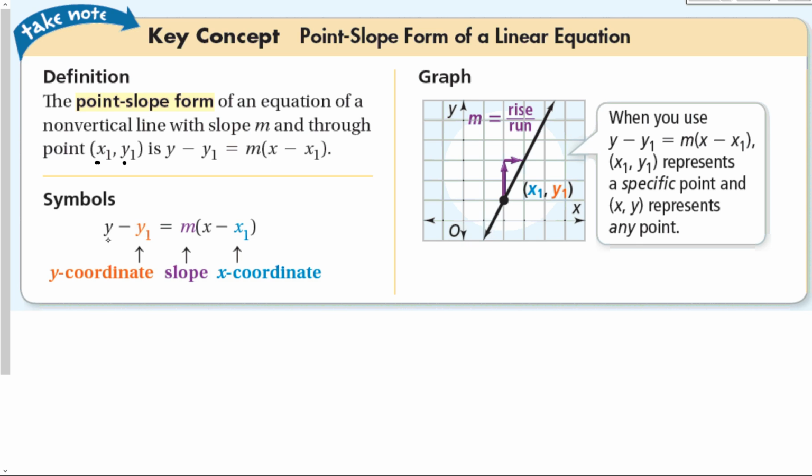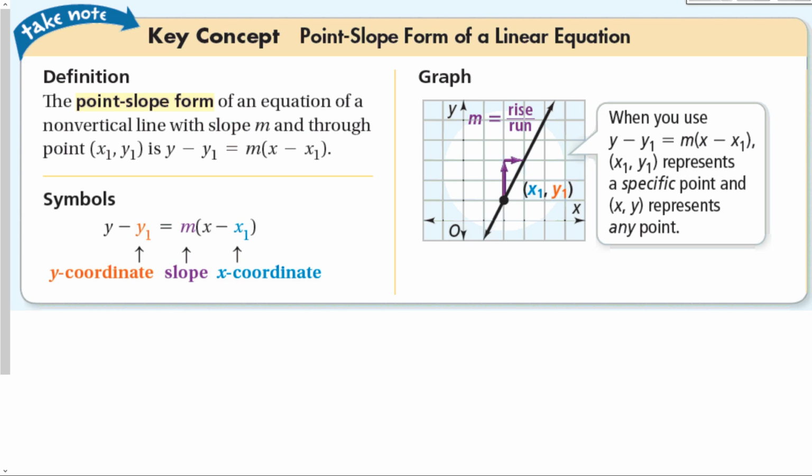If we look at this formula, y and x are my variables, y1 and x1 are the y and x coordinates from the point on the graph, and the slope is my slope, rise over run. When we use this formula, x1, y1 represents the specific point, the specific x coordinate and y coordinate. x and y represent any point and are just general variables.